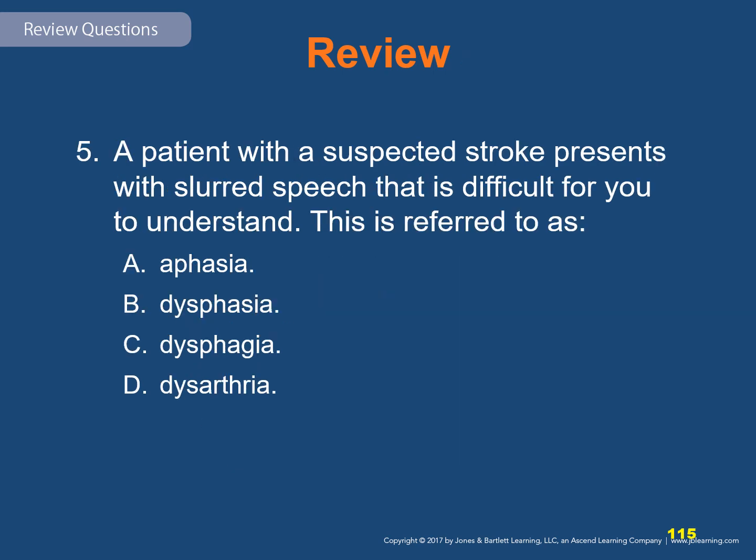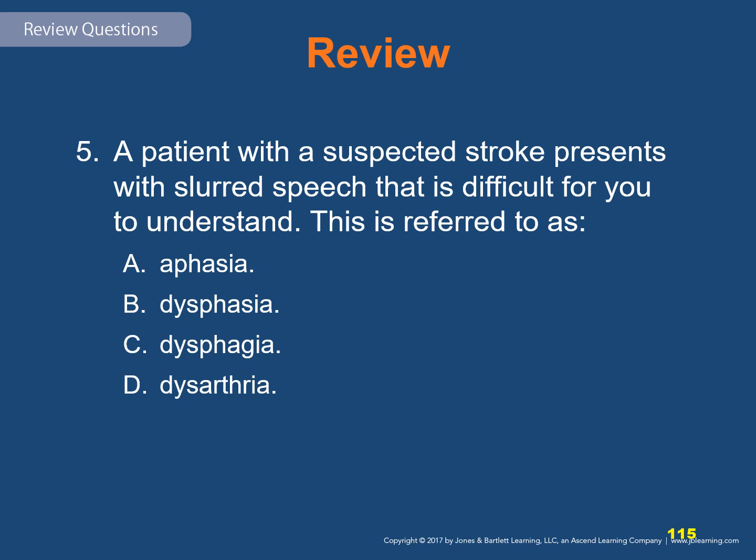A patient with a suspected stroke presents with slurred speech that is difficult for you to understand. This is referred to as aphasia, dysphagia, or dysarthria. So if you remember what each of these terms means, you should be able to, by process of elimination and knowing the definitions of these, know what they're asking about here in the question, which is again a patient with a suspected stroke presents with slurred speech that is difficult for you to understand.